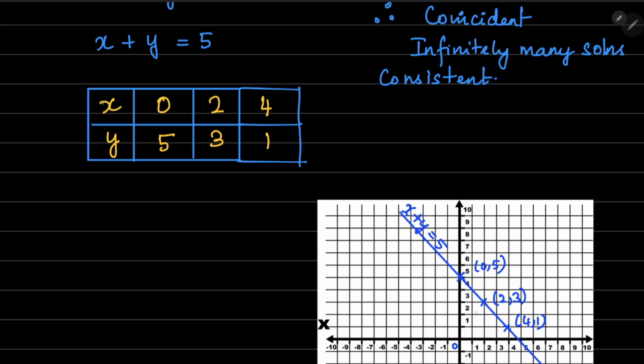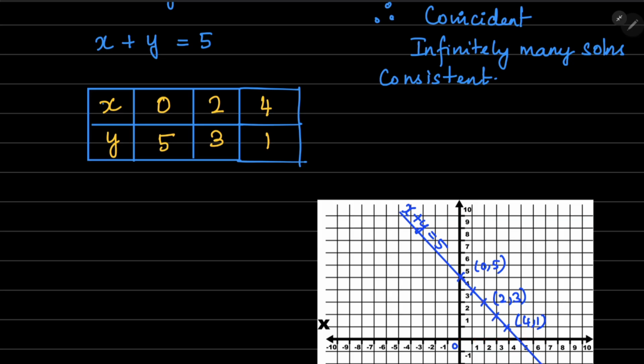But again, 1, comma 4 is also another point. Whatever points are lying here, 3, comma 2, all of these are solutions, right? Which means it has infinitely many, every point on this line. So for example, minus 1, comma 6, minus 2, comma 7, right? 0, comma 5. 1, comma 4, 2, comma 3, 3, comma 2, 4, comma 1, 5, comma 0.